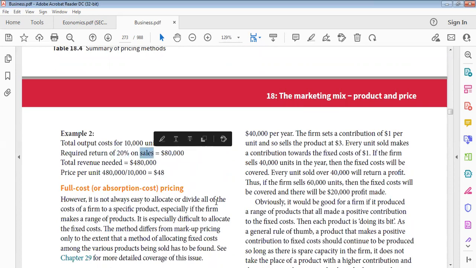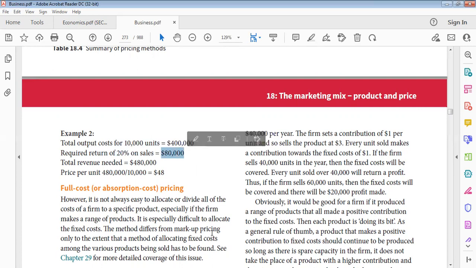Sales means the money that you'll be receiving from the customer. So here, they want 20% on the sale, or you can just say they want 20% on the profit as well. Find out what's 20% of 400,000.